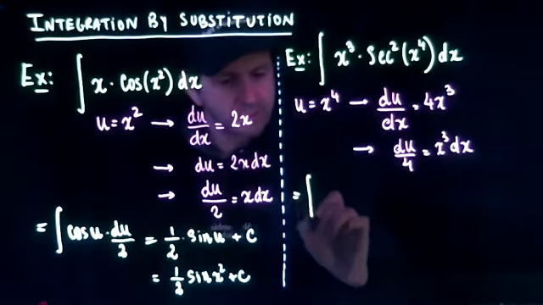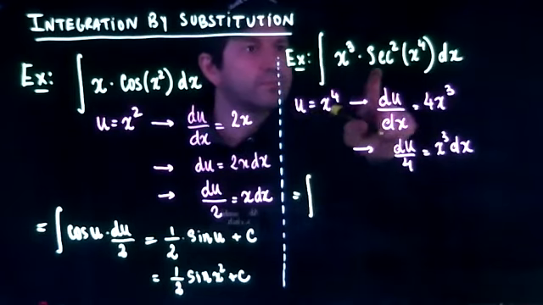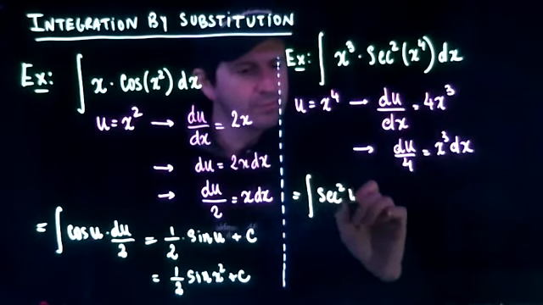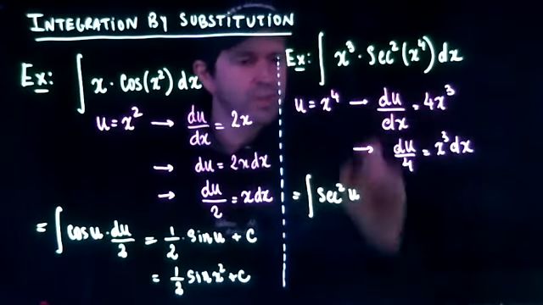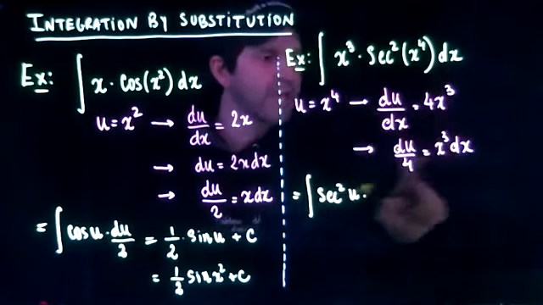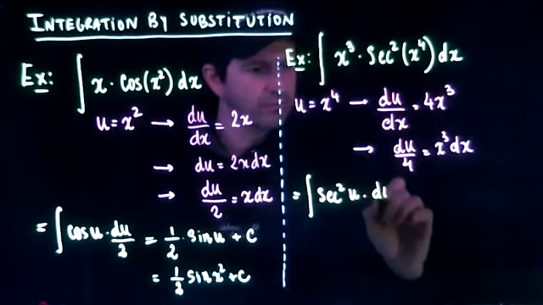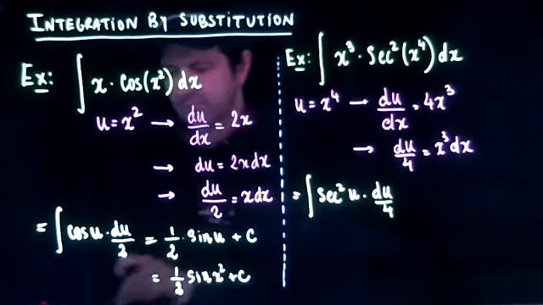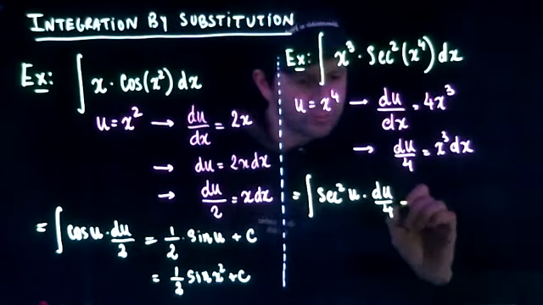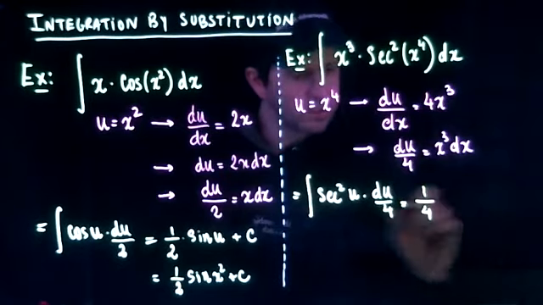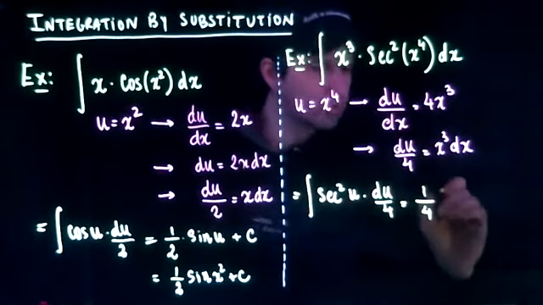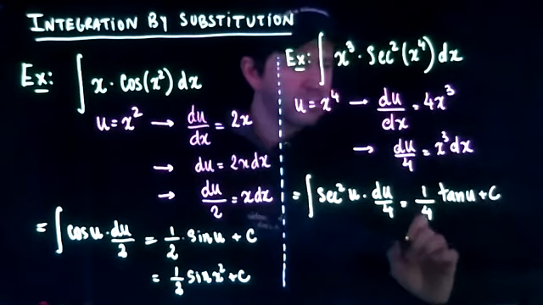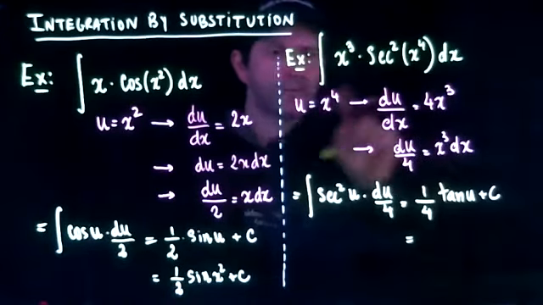The integral becomes secant squared of u, of x^4 which is u, times x cubed dx, which is du over 4. That is equal to 1/4 times the antiderivative of secant squared, which we know is tangent. And I replace the u back by x^4 and I'm done.